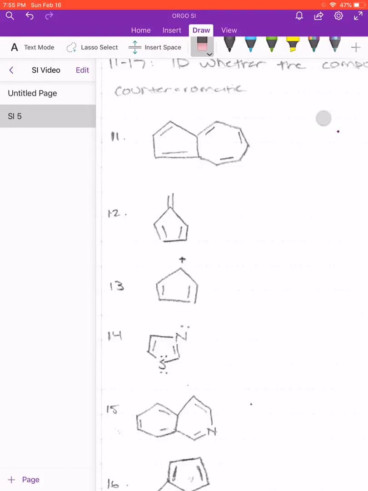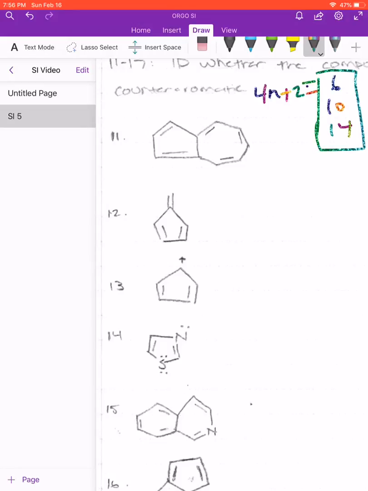Moreover, another way to think about it is through Huckel's rule. So 4n plus 2. We had done the filling in of the equation to get us the following numbers: 6, 10, 14. I take these numbers to signify the number of electrons, not electron pairs, just electrons.